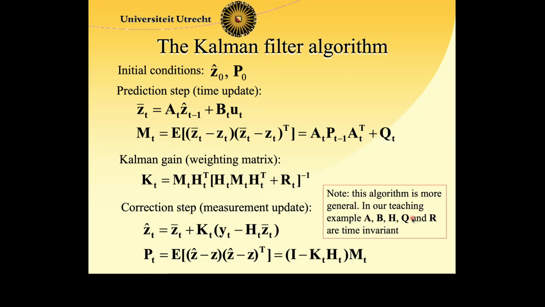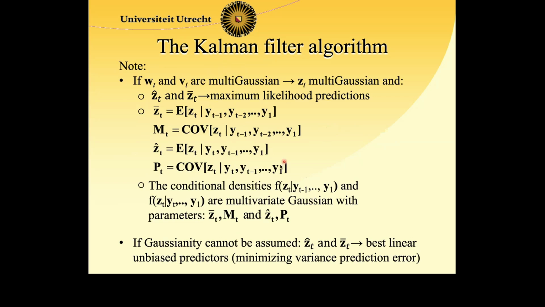Some properties of the Kalman filter algorithm are of interest. If the model error and the measurement noise are both multi-Gaussian, so their stochastic elements are jointly described by a Gaussian multivariate probability density function, then we can say that the optimal prediction of Z given all the observations until time t, so the measurement update, but also the time update, the optimal prediction given all the observations until time t minus 1, are both so-called maximum likelihood predictions.